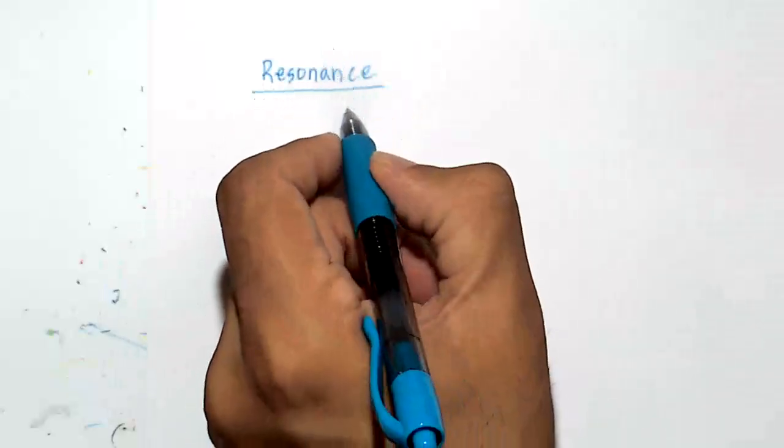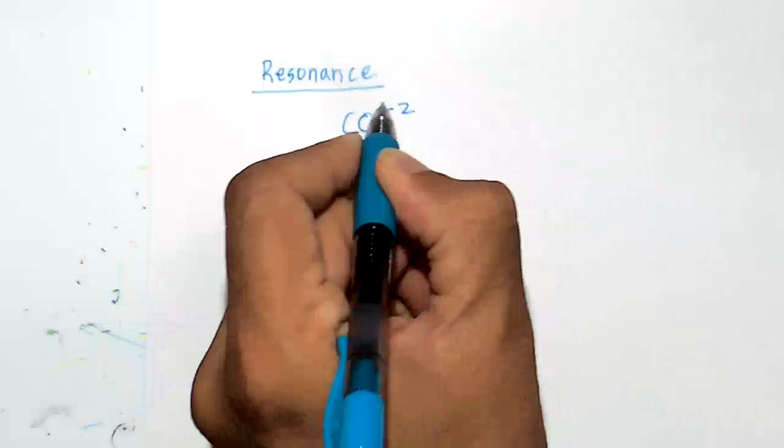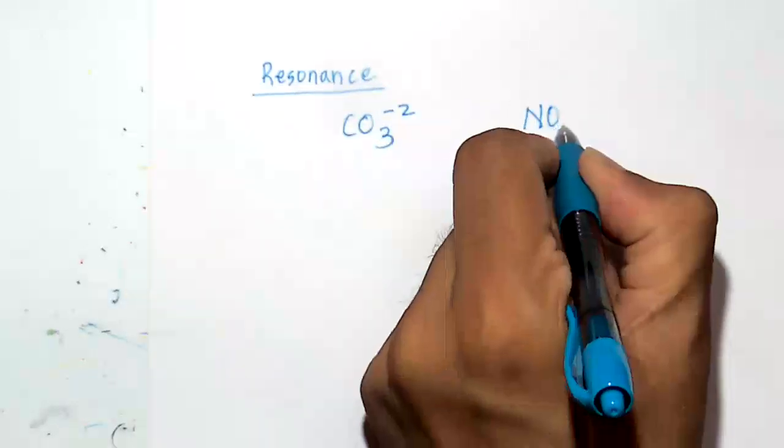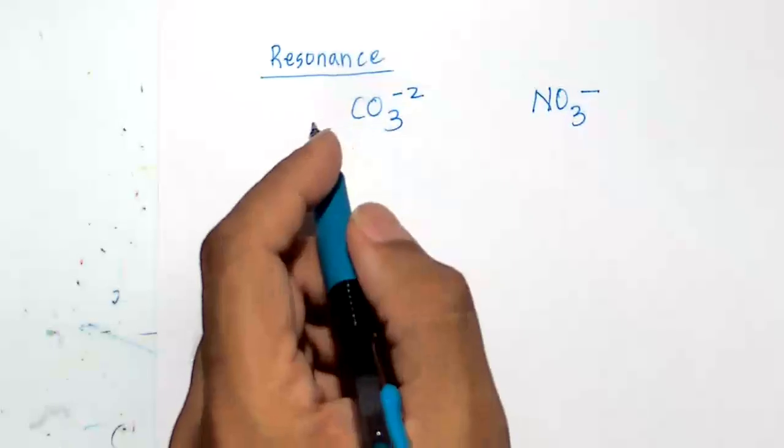All right, so the first resonance structure, we have two of them. One of them is carbonate, and the other one is nitrate. All right, so let's do both of them.